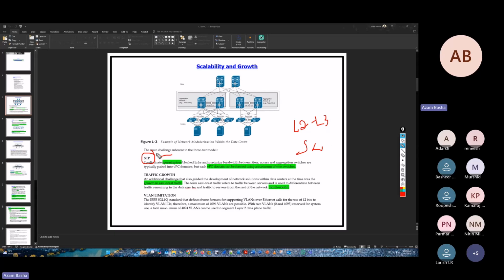STP works by default on all L2 and L3 switches. It comes out of the box. Correct? Yes, no, folks? Yes. With that, the blocking thing comes in. So this is by default there. STP by default is there in all our traditional networking.